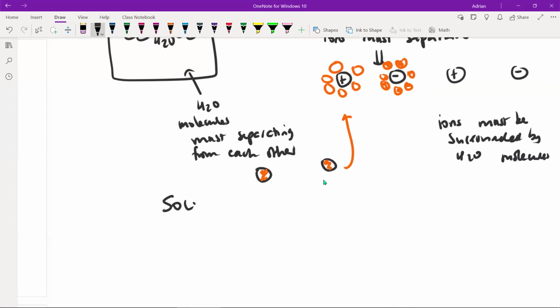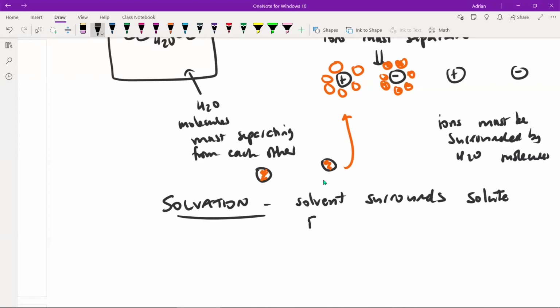So solvation is where the solvent surrounds the solute particles, right? And it keeps the solute particles from recombining. When the solvent is water, we give it a special term.